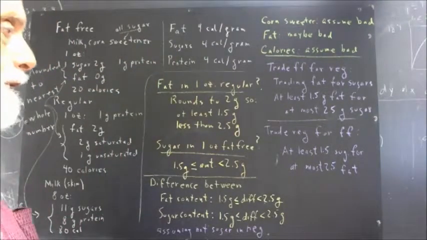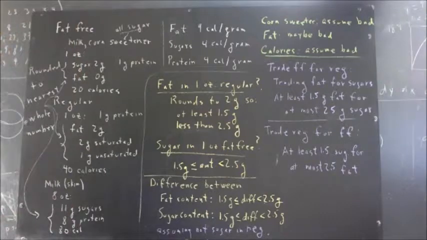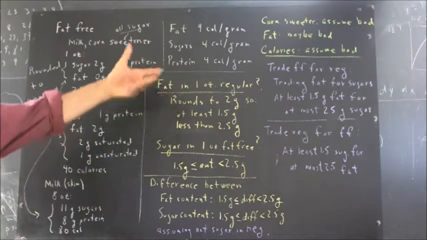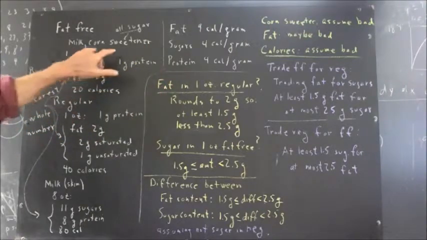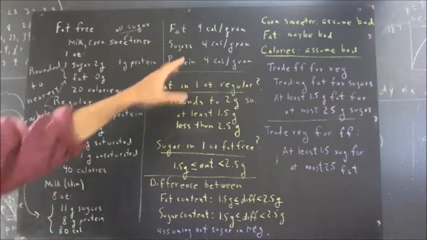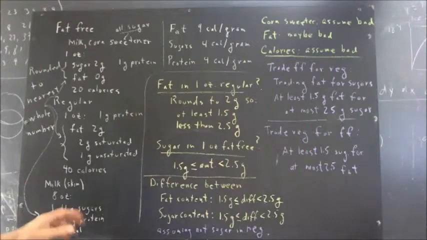Okay, well, that's all well and good, but we really haven't addressed the fact that the thing we really want to think about is how much fat, and even maybe of what kind, are we trading for how much corn sweetener? Because we're going to assume that other sugars are more or less a wash.